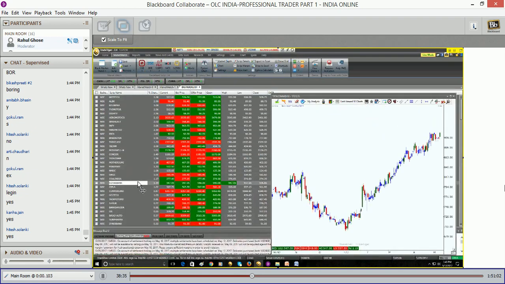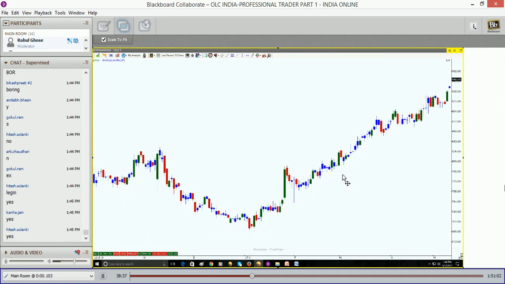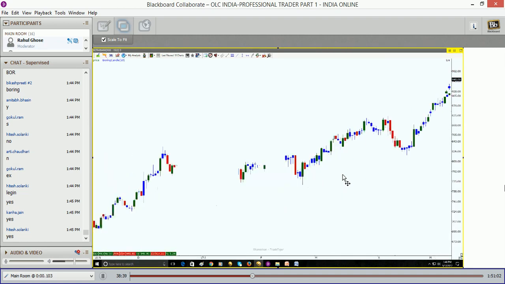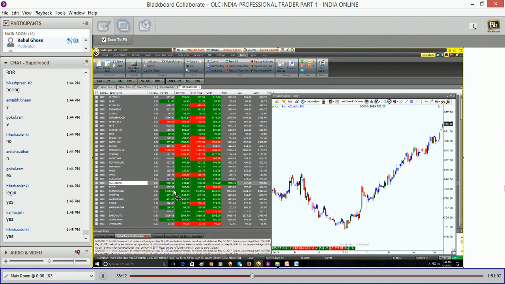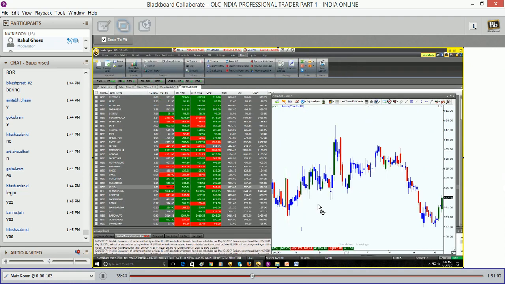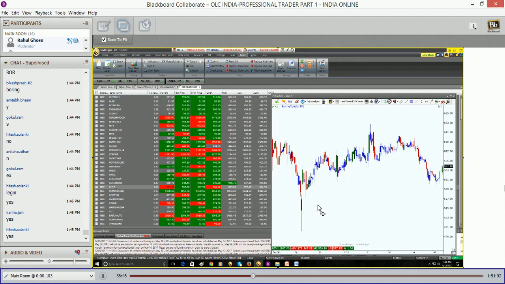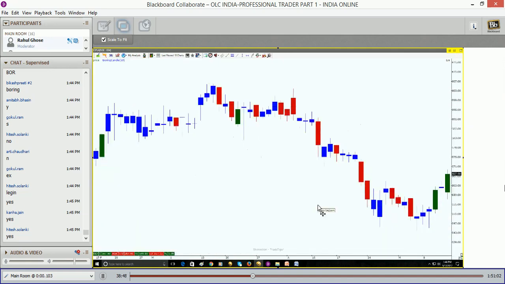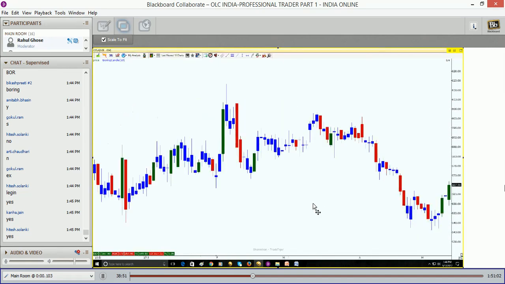Okay, now let me take you to mark a demand zone, and I'm going to give you a little bit of a challenging example. I want you guys to mark a demand zone on the daily chart of Cipla.